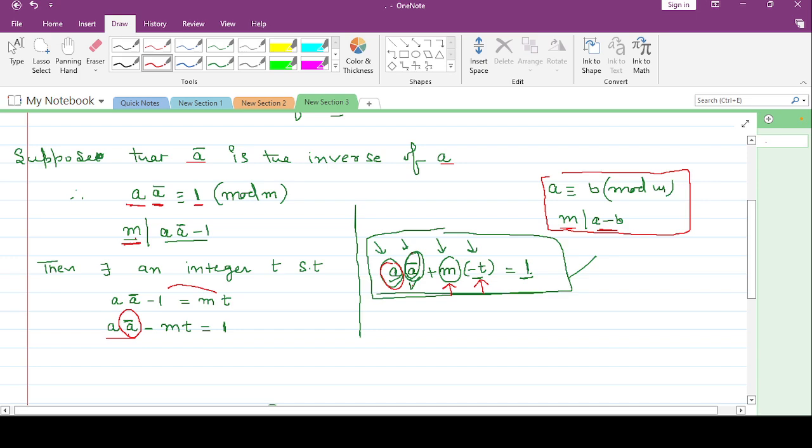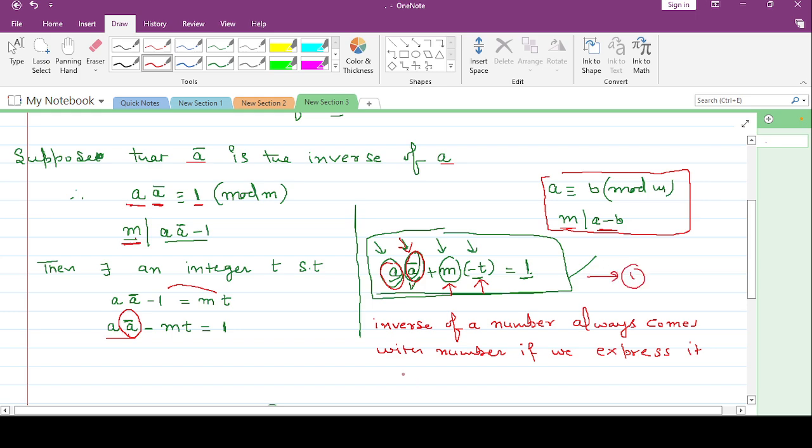So the inverse of a number always comes with the number.